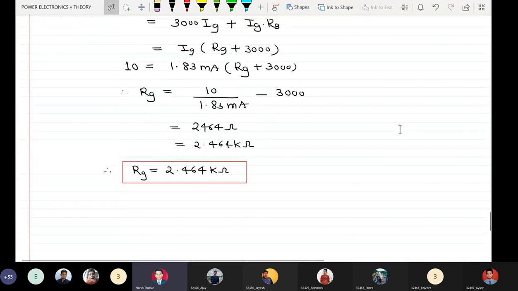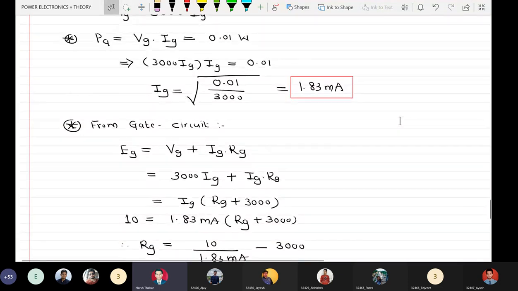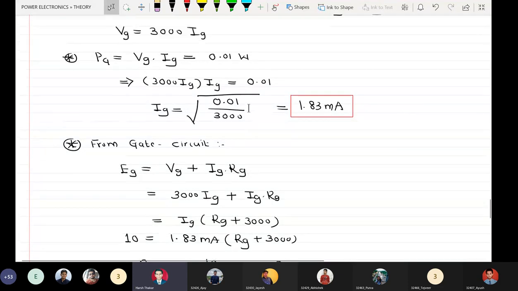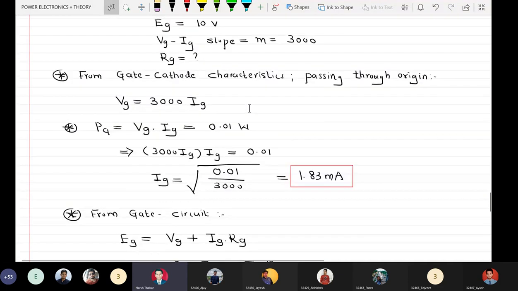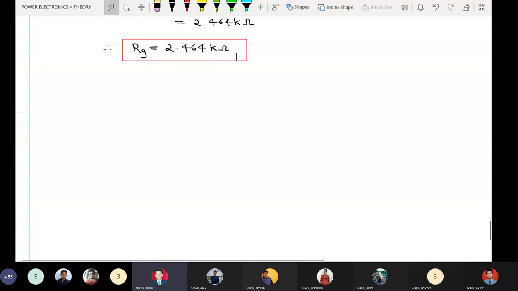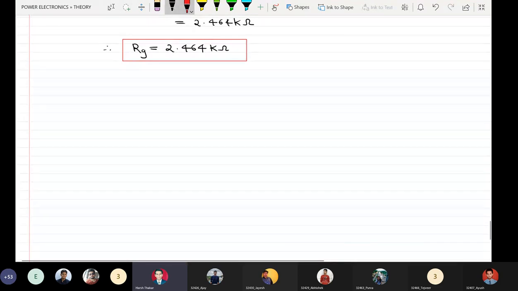So we have one more interesting numerical here. This is having some different details. I'll tell you how to solve it.